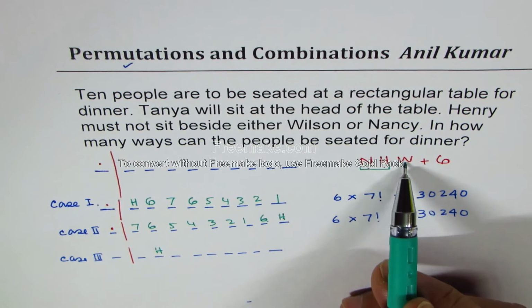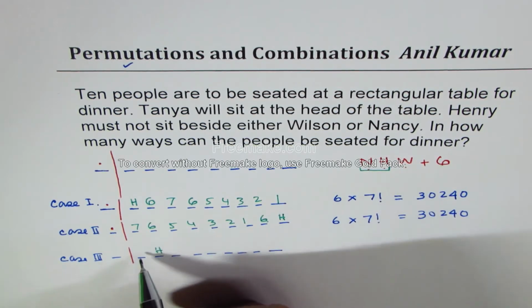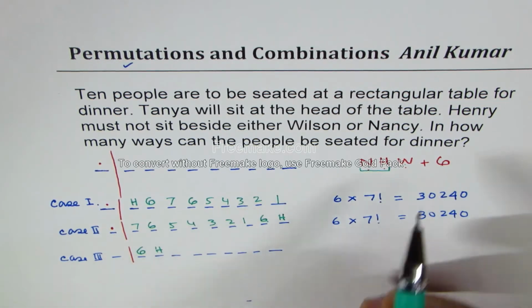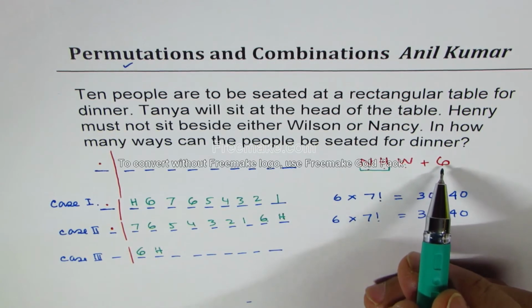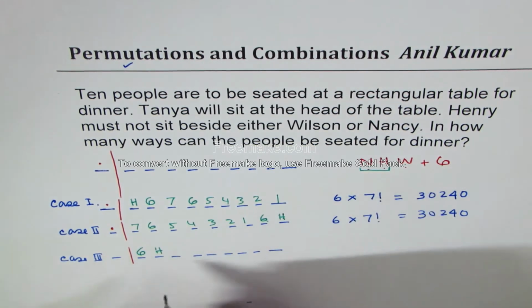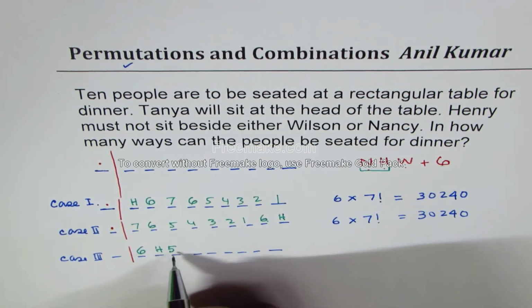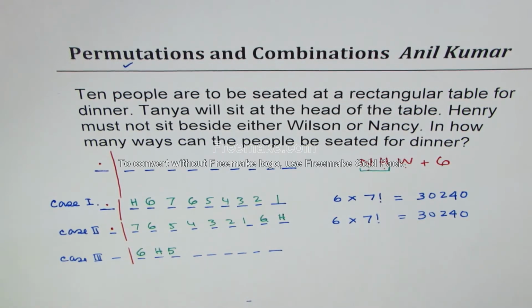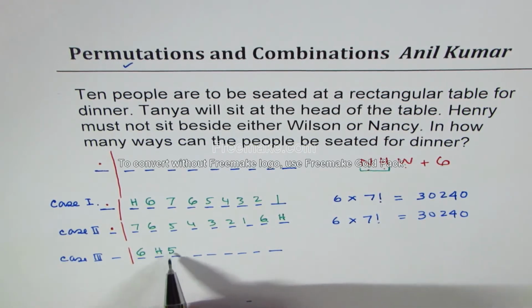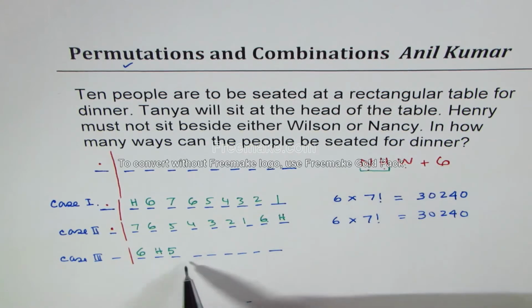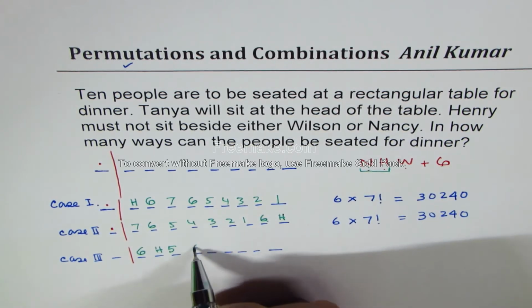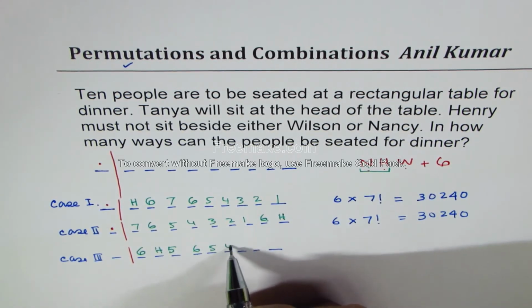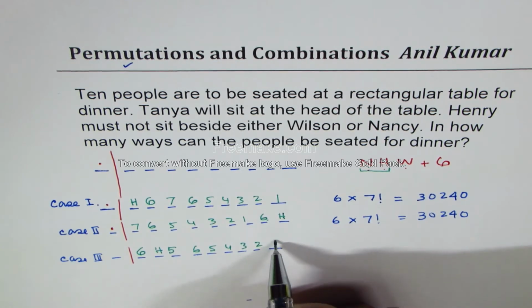Not these two, only 6 of those could, right? So 6 here. Once one of these 6 have been taken care of, we are left with 5. So 5 can be on the other side of Henry. We have fixed 3 people out of 9. So how many can come here? 6. And then 5, 4, 3, 2, 1.